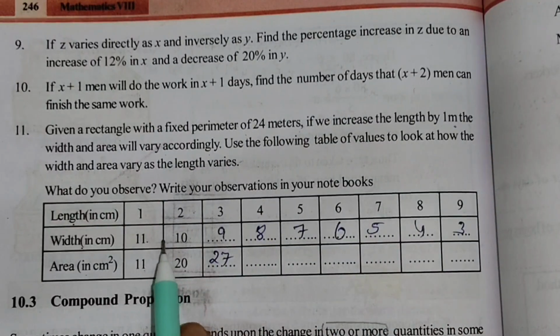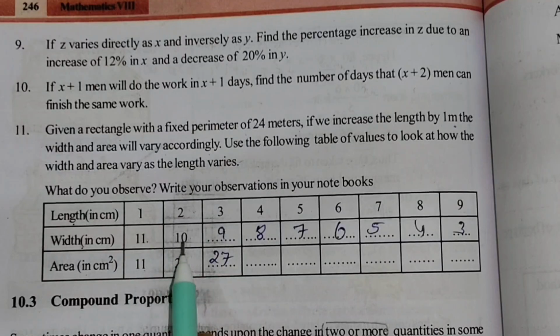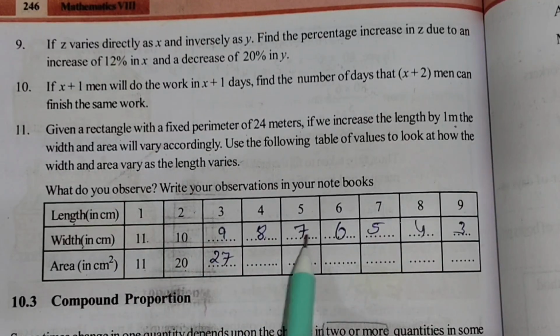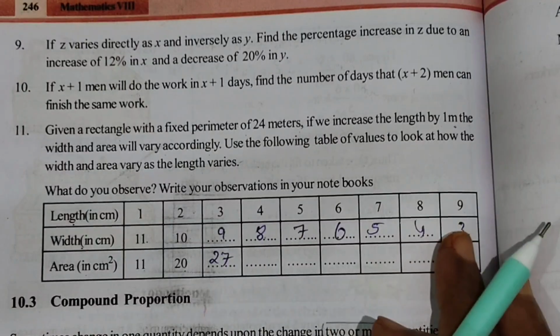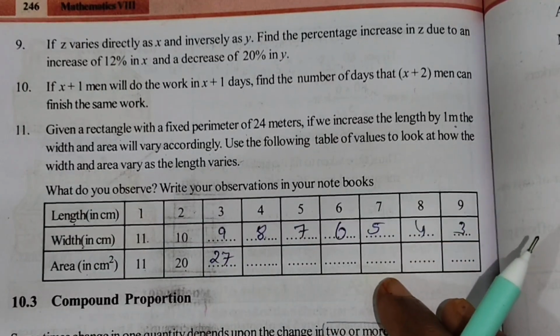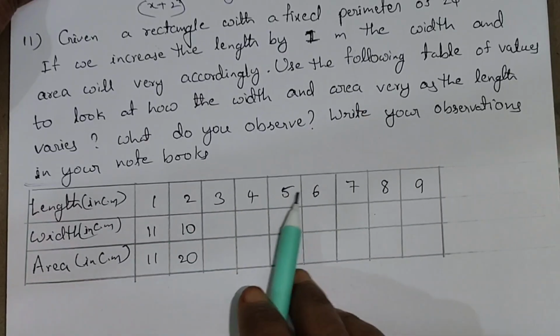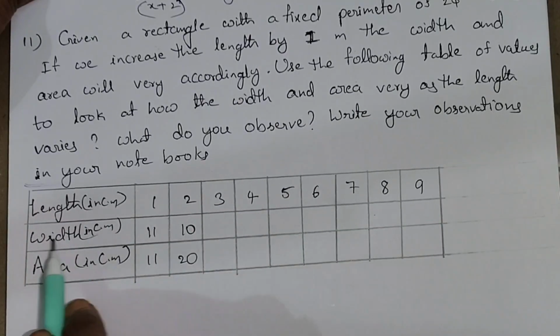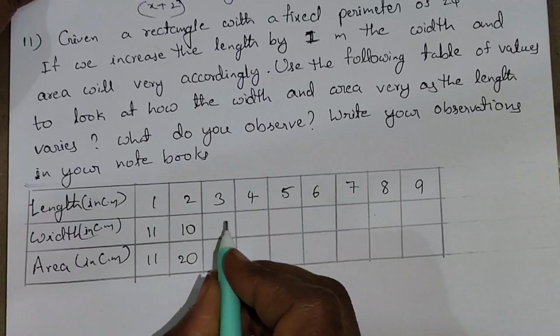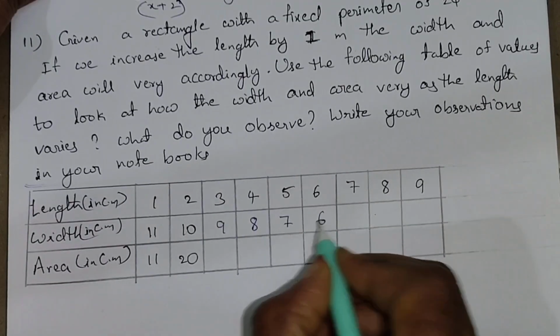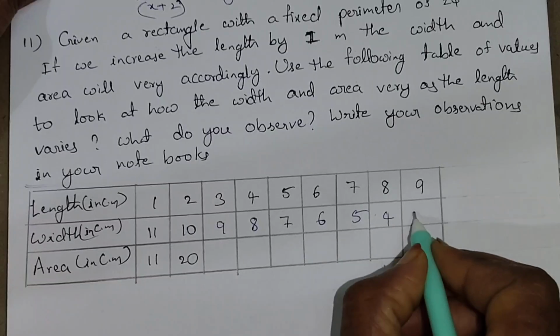So we write the width. Width is 11, 10, then decreasing: 9, 8, 7, 6, 5, 4, 3.